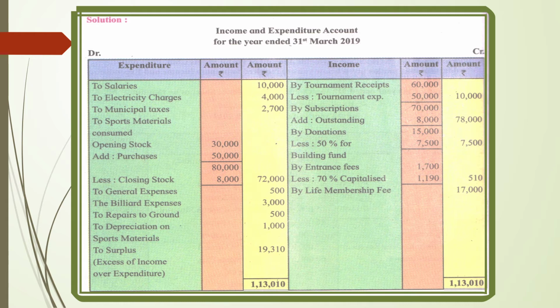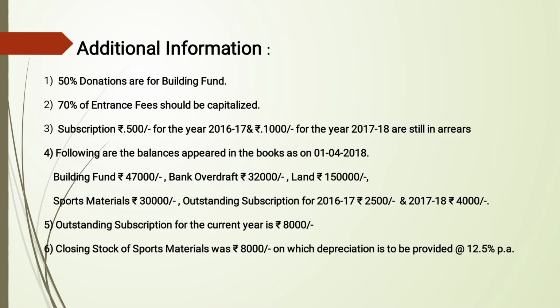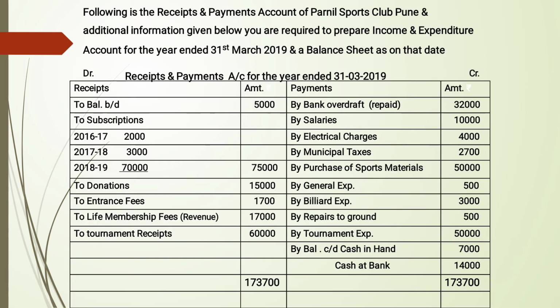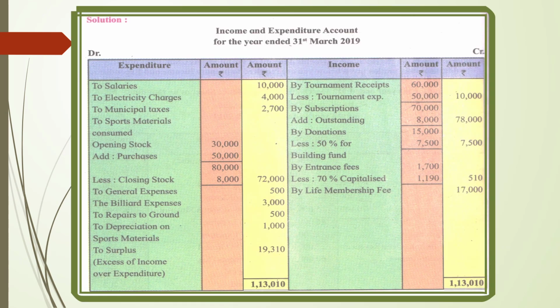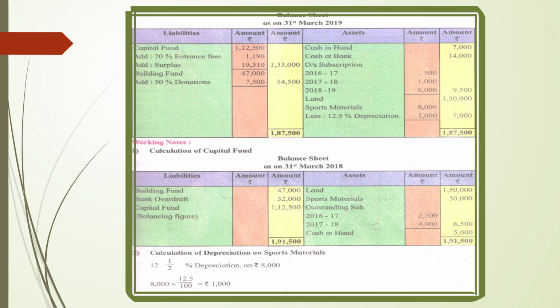See adjustment number 6. Closing stock of sports material was rupees 8,000, on which depreciation is to be provided at 12.5% per annum. So first you have to deduct the amount of closing stock, that is 8,000, outer column 72,000, and the second effect of this closing stock item is mentioned in the closing balance sheet, asset side, sports material 8,000, inner column. Why inner column? Because there is again one adjustment on that sports material.